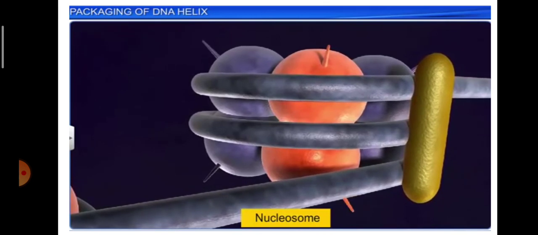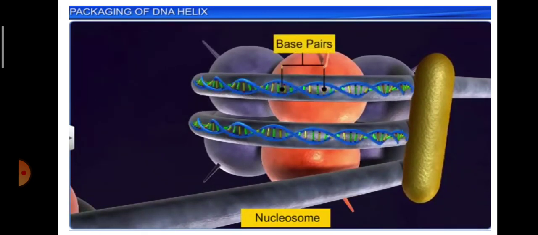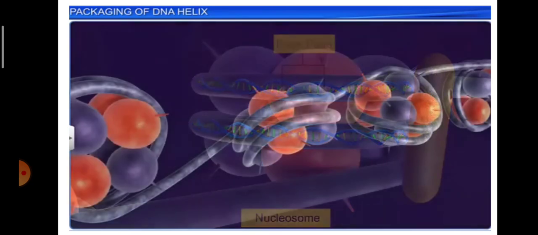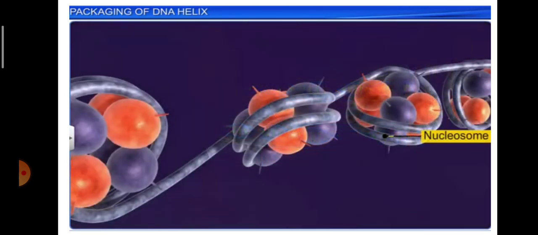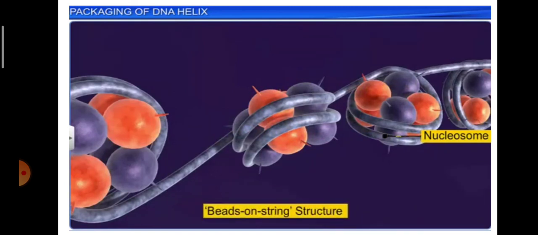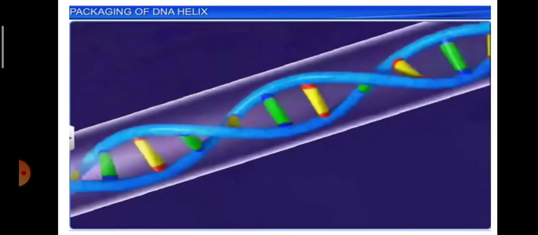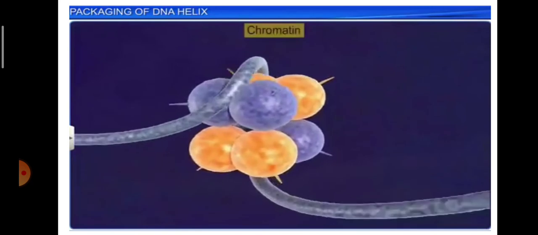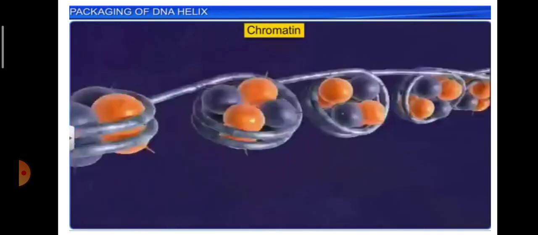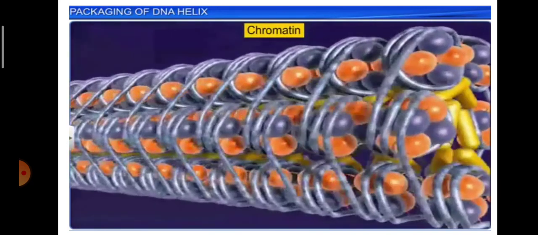A typical nucleosome has around 200 base pairs of DNA helix, and the nucleosomes present in chromatin can be seen as a beads-on-string structure when observed under an electron microscope. It is the nucleosomes that make up the repeating unit in chromatin, the thread-like bodies present in the nucleus.